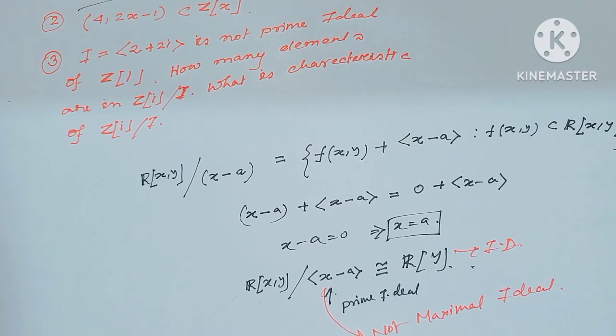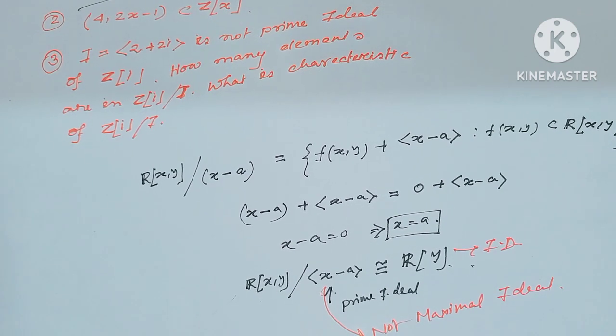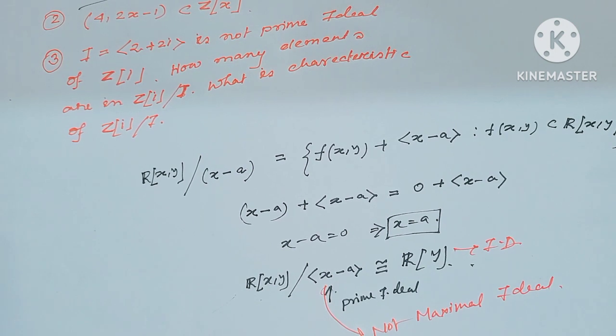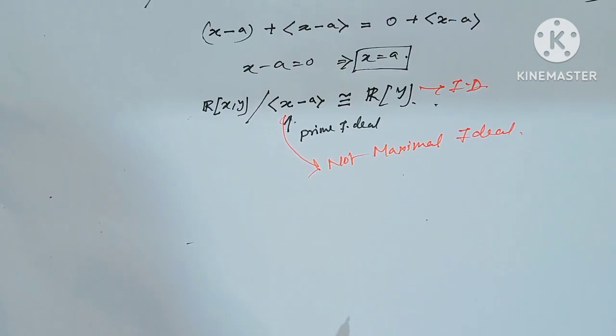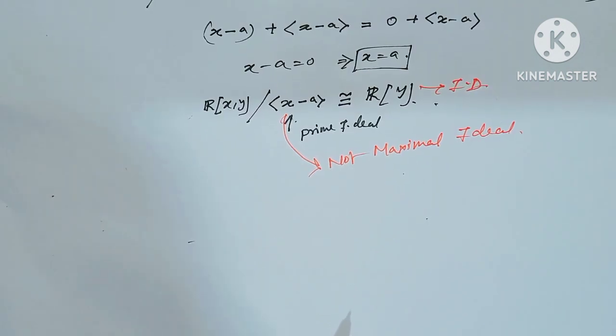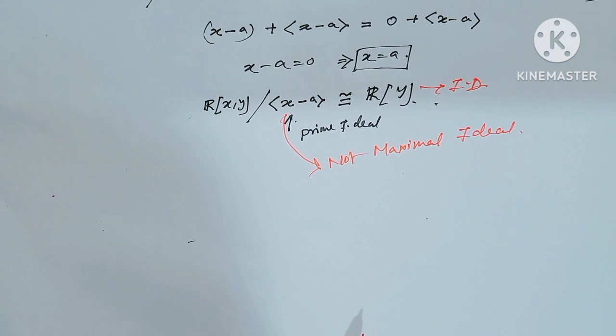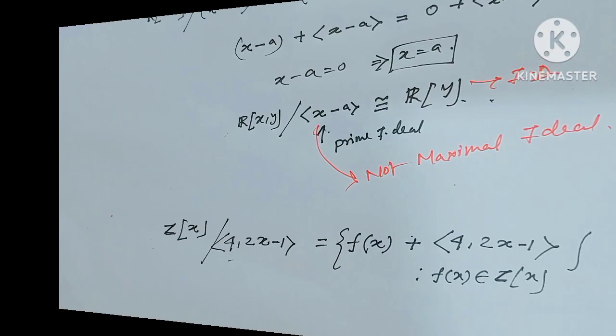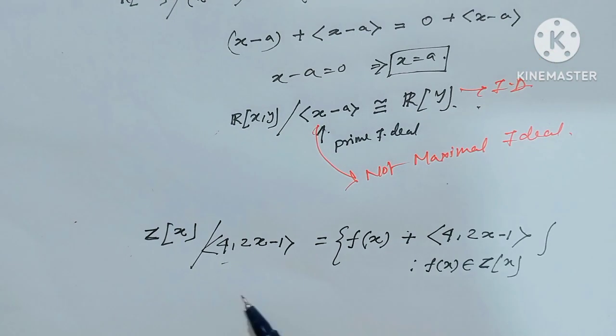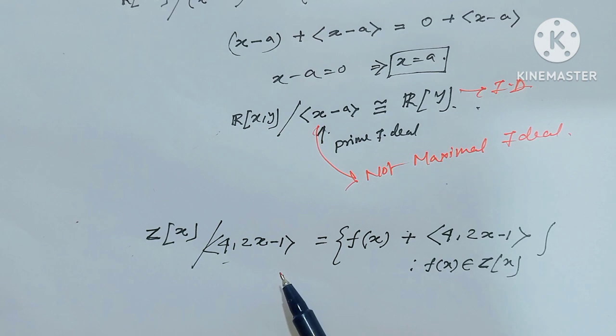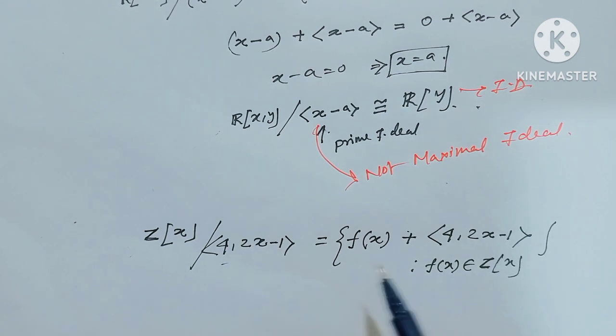So this quotient ring R[x,y] modulo the ideal generated by x minus a is isomorphic to R[y], and this ideal x minus a is a prime ideal, not maximal.